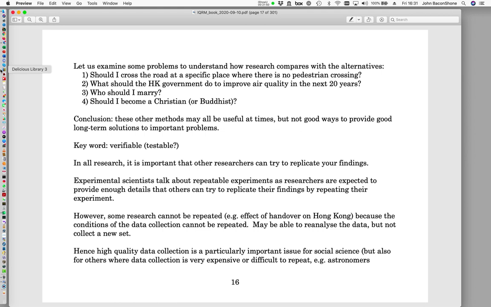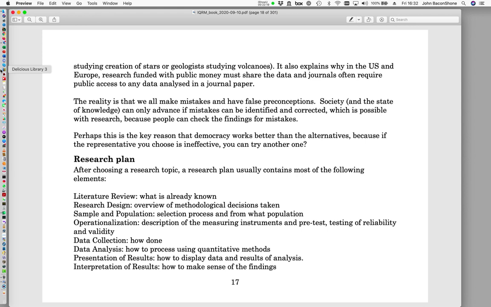So this means that high quality data collection is particularly important for non-experimental situations, or at least situations where some of the data cannot be collected experimentally. So social science is one quite obvious one. The social conditions have changed, but there are many other disciplines where data collection can be extremely expensive or difficult to repeat. So for example, astronomers who are studying the creation of stars, you can't go back and say, oh, please redo that black hole being created or that star being created.